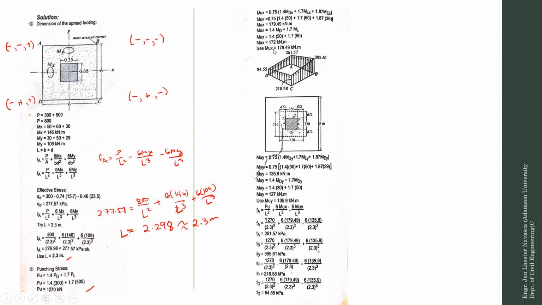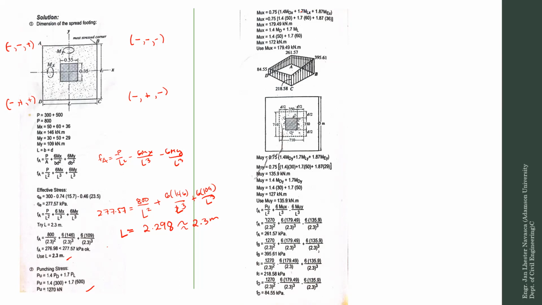And for the MU, the load factor for MU is, I think they use 1.4. Hindi naka-indicate yung sa problem yung load factor. Anyway, pag-aralan natin to this time. So this is 179.49 kilonewton meter using a load factor of 1.4 plus 1.7 plus 1.87 times 0.75. And yung isa naman is 1.4, 1.7.